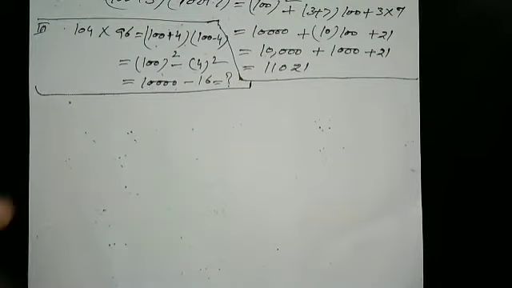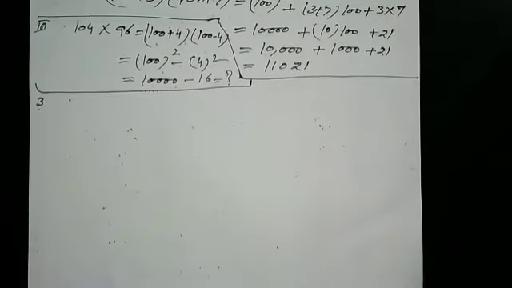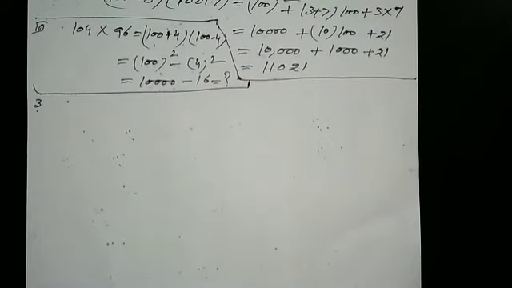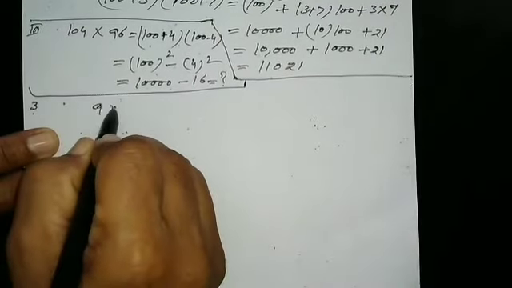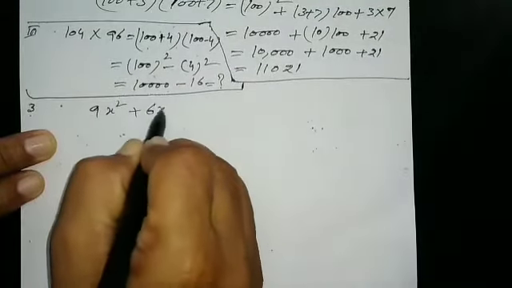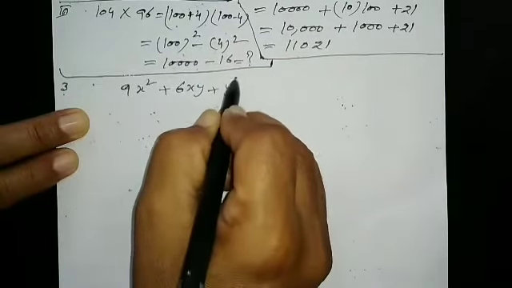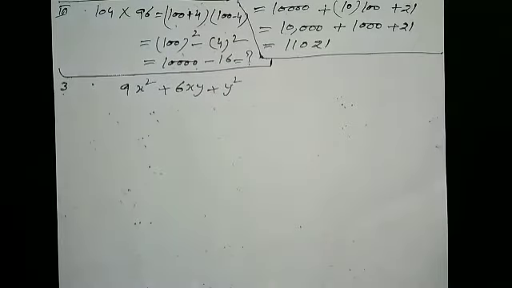Now come to question number 3. Factorize the following using appropriate identities. The given expression is 9x square plus 6xy plus y square. Okay, which identity must be used here?